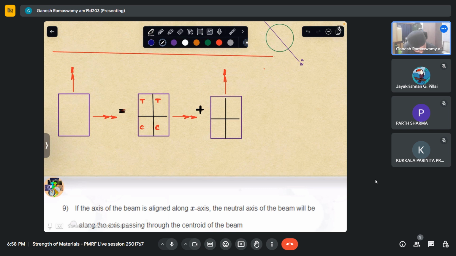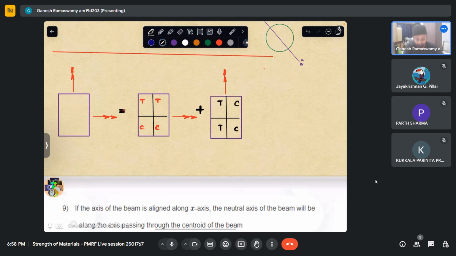So this will cause tension here, tension and compression.